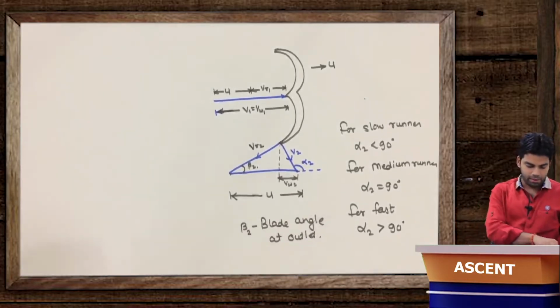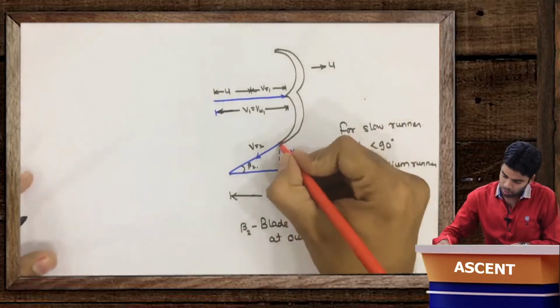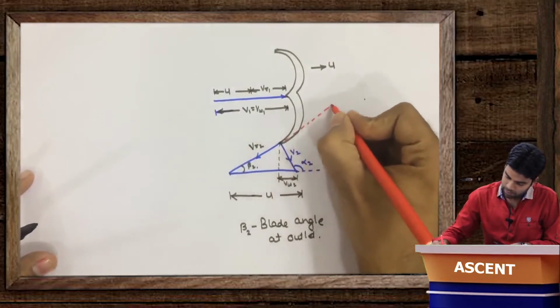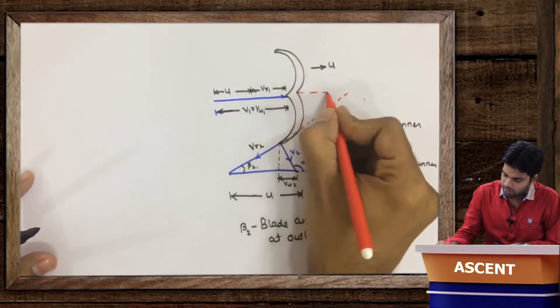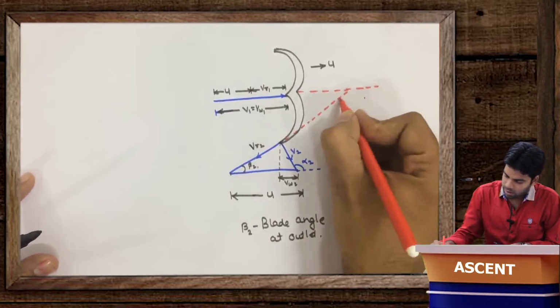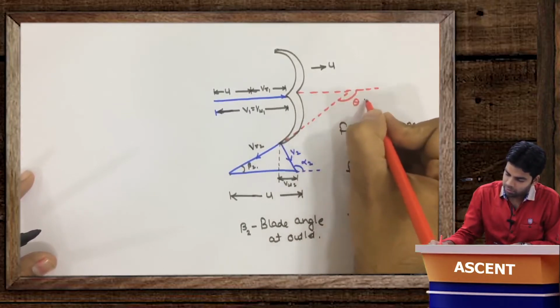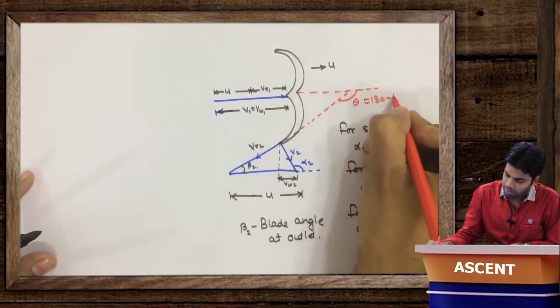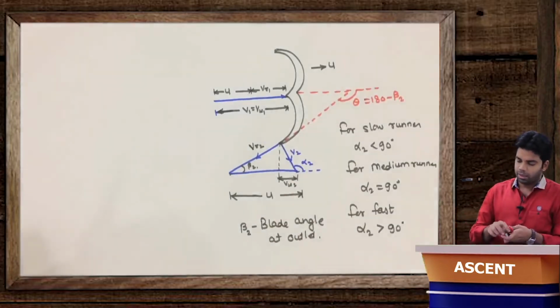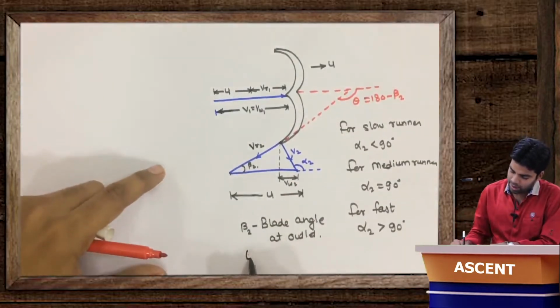Now this angle beta 2 is the blade angle at outlet. Okay, and if we extend this up to this point, this angle is nothing but theta, which is equal to 180 minus beta 2, and this theta is nothing but the jet deflection angle.